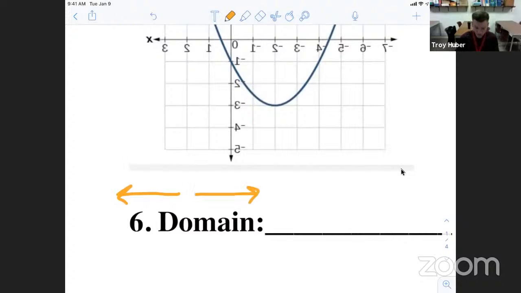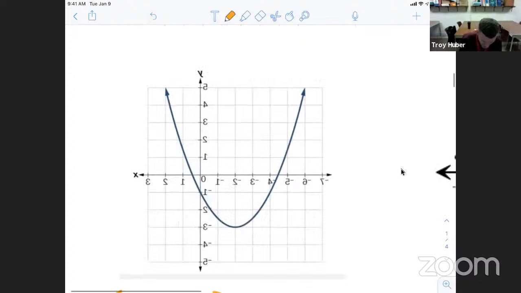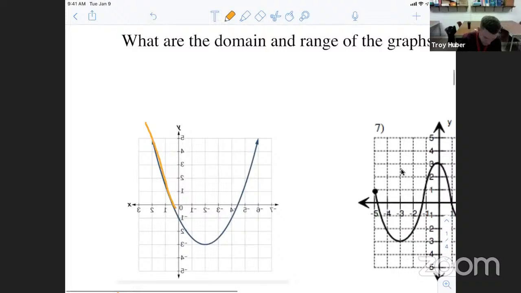If I look at this graph, I want to determine how far it goes to the left and how far it goes to the right. As I look at this graph, notice that if I extend this, because it's an arrow, we know that this graph continues on, going ever so slightly to the left and ever so slightly to the right forever.